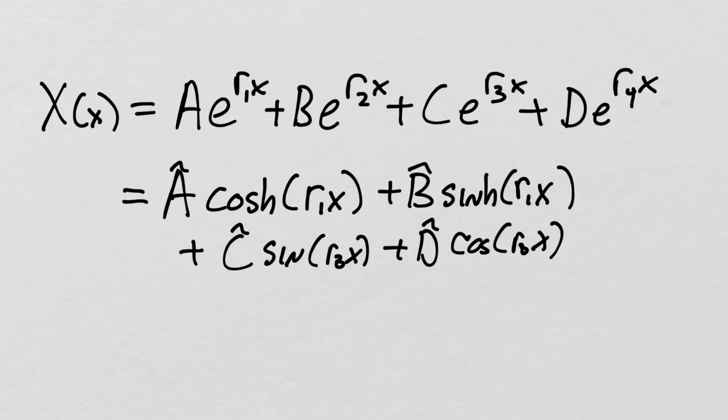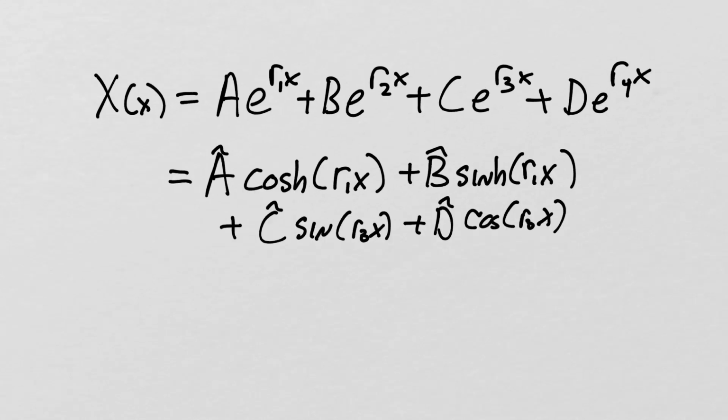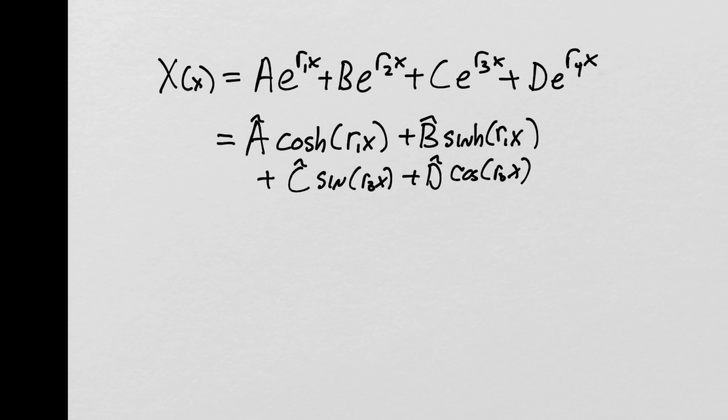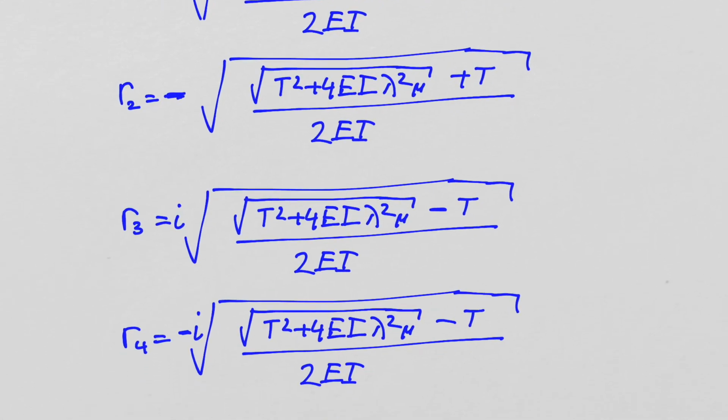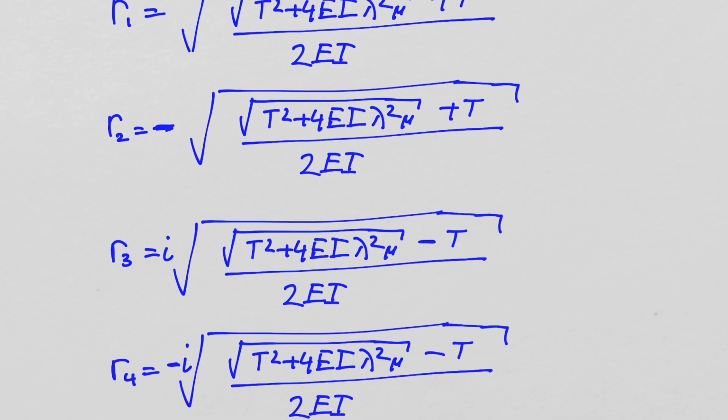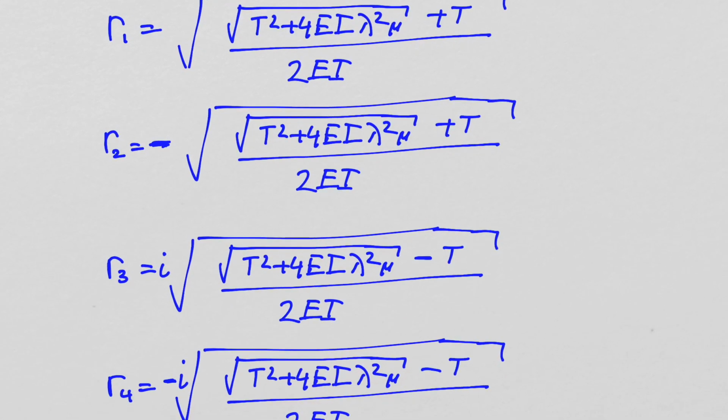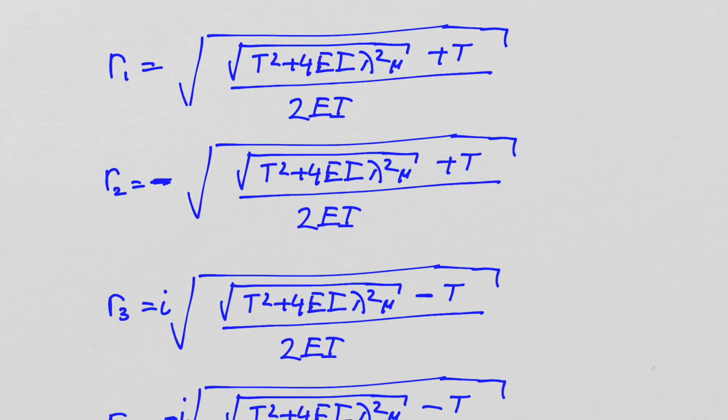And this is our solution for the spatial part of our wave function. R1 and R3 are given by this expression right here, which is a very complicated piece of physics, and this expression right here.